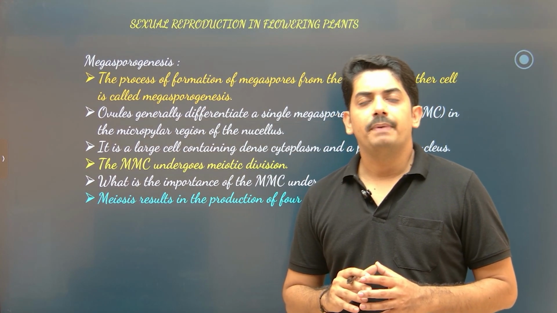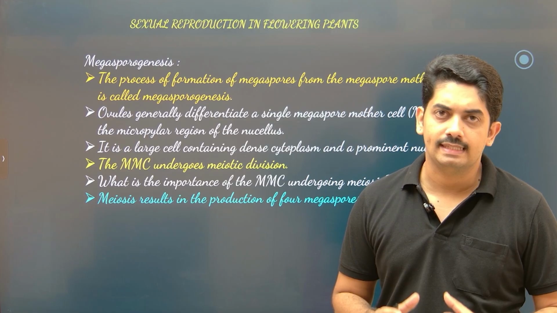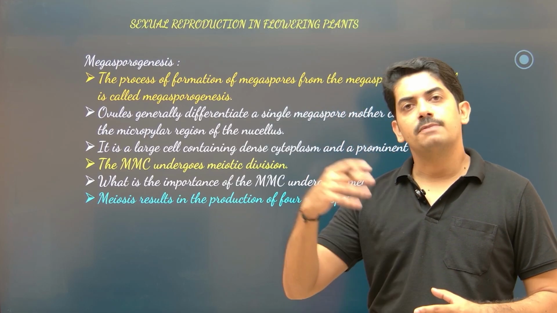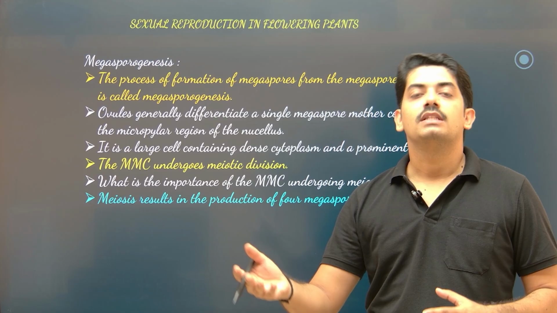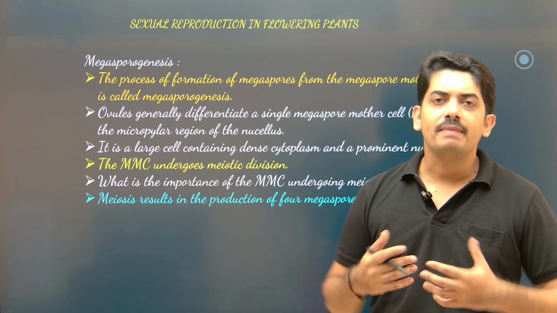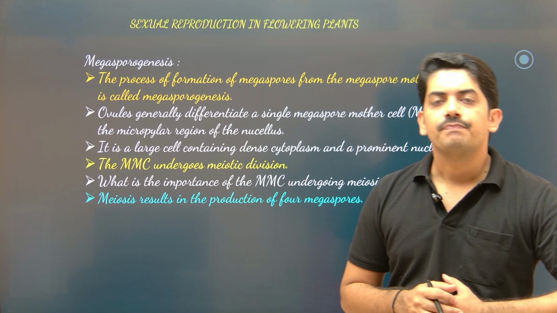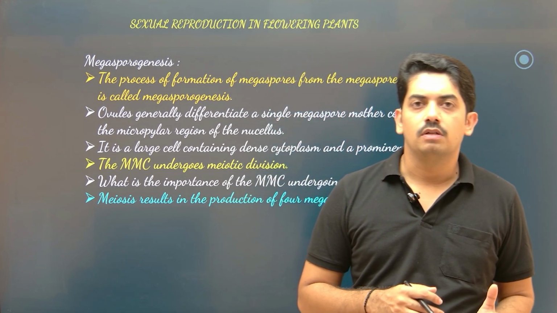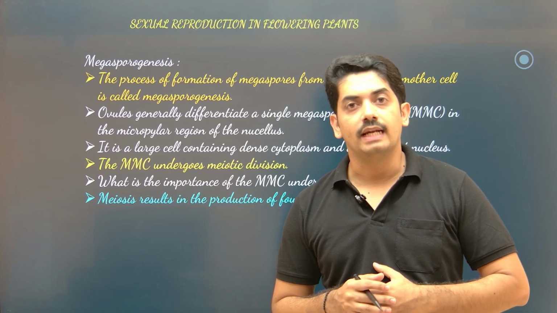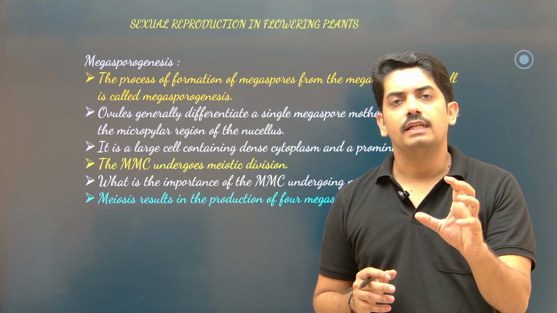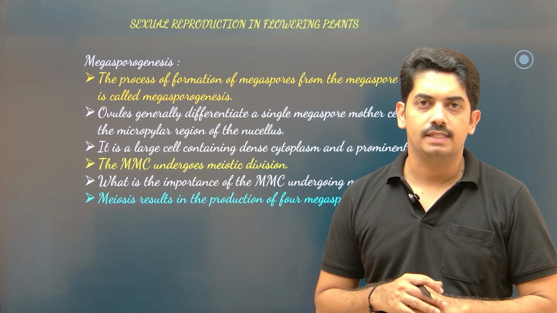Now coming to the topic megasporogenesis. Genesis is something related to formation. Megasporogenesis means the formation of megaspore. It's a process. How is the megaspore formed? Previously I showed you one picture, the structure of an anatropous ovule. Inside, I showed you the region where the nucellus is present.